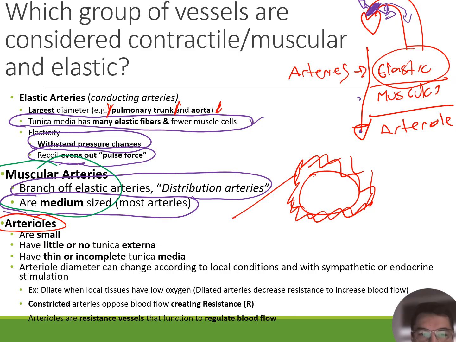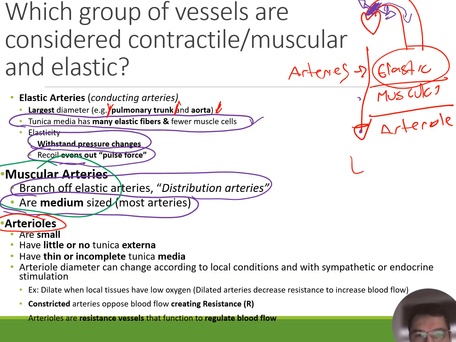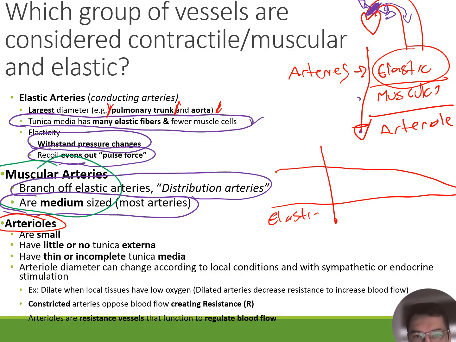In our progression, we have elastic, we have muscular, and we have arterioles. The elastic has more of the elastic layers.